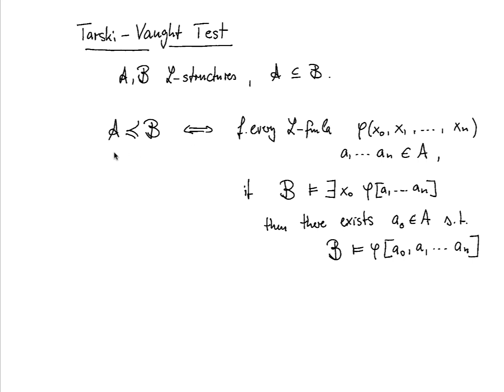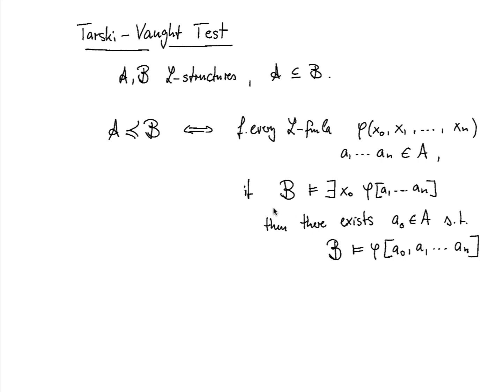And that test says that A is an elementary substructure of B if and only if for every formula phi in free variables x0 up to xn and n-tuple a1 up to an from the smaller structure, if the bigger structure satisfies an existential statement with x0, phi now with assignment a1 to an to the remaining variables, then we can find a witness for that existential statement already in the smaller structure A. So there exists an a0 in A such that B satisfies that statement with assignment a0 up to an.